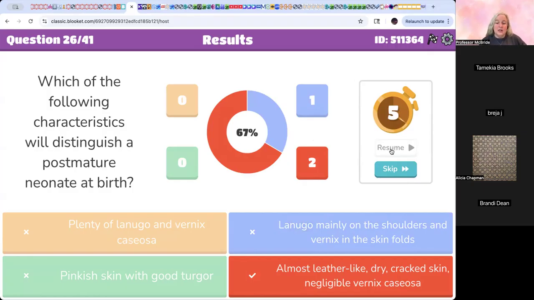We're not going to really see vernix on these babies. Their skin can be dry and cracked. Okay. The other options, lanugo is like the little hairs that can be on their skin. And then vernix is that white cheesy substance that is on babies that helps protect their skin since they're in fluid their whole life up till then. And as they get close to delivery, this stuff starts going away.